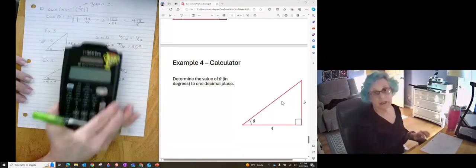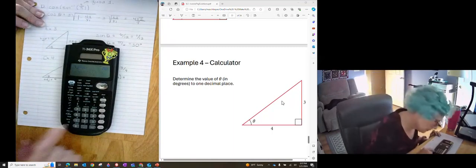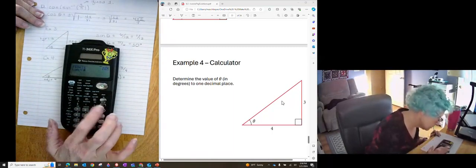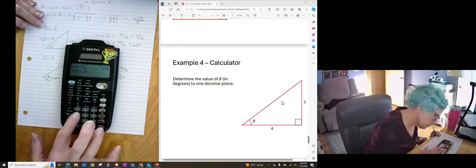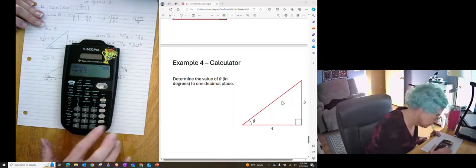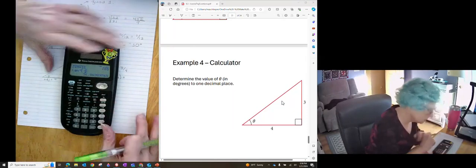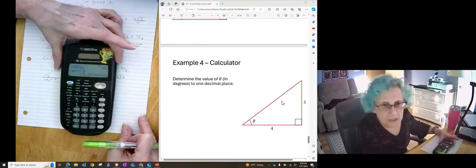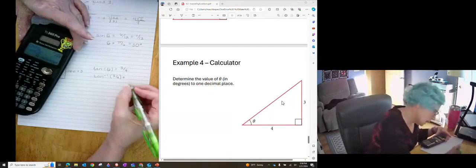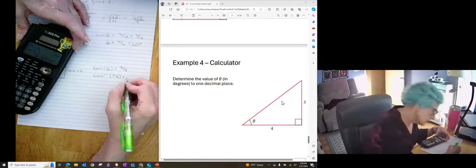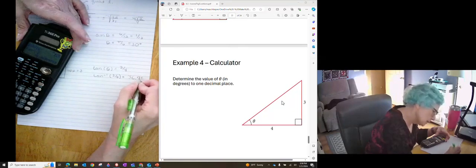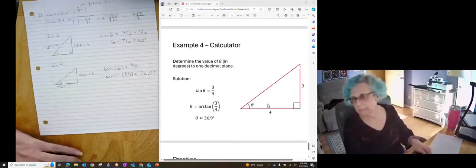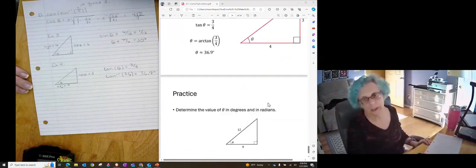So I'll get my degree calculator, turn it on, and do inverse tangent of 3 over 4. Yeah, it's not obvious. It's 36.86, and we wanted 1 decimal place, so 36.9 degrees. And there's the pretty answer.